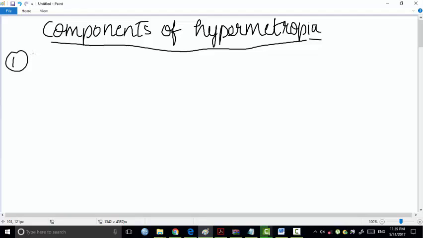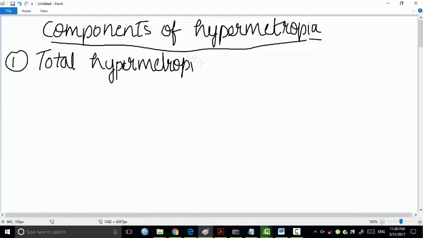One is total hypermetropia. What does total hypermetropia include?